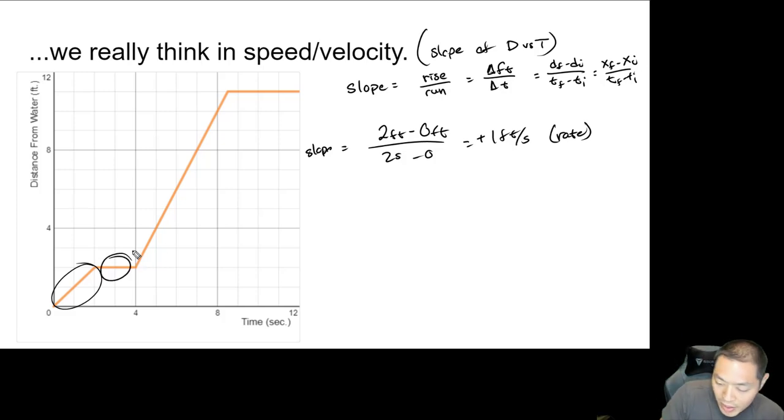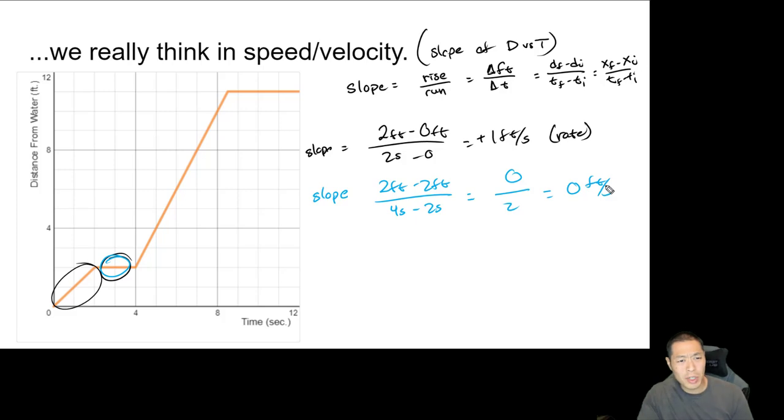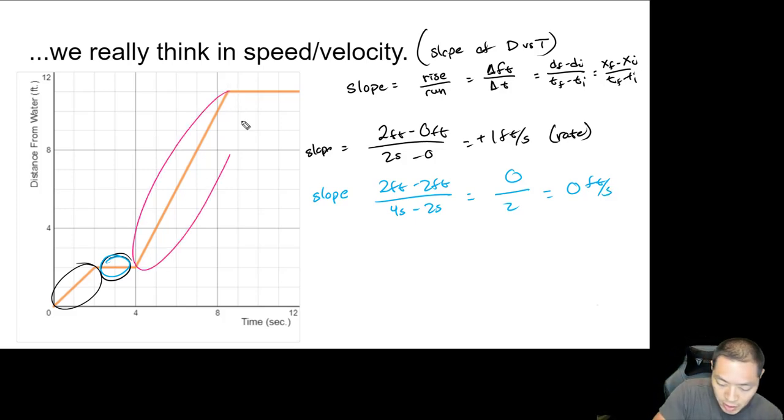So if we wanted the slope right here, let me do a different color. You have the final one, which is 2 minus 2. And then it is 4 seconds minus 2 seconds. And you get 0 over 2, which is 0 feet per second. Usually when it's 0, you don't have to worry about a sign. And the last part is right here. And here you have final, which is way up here, which is 11 feet.